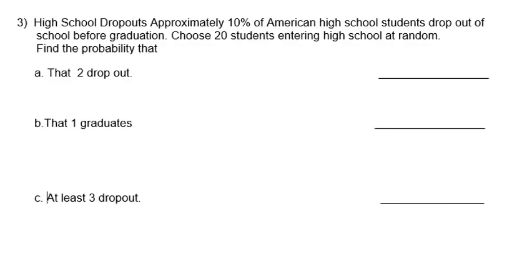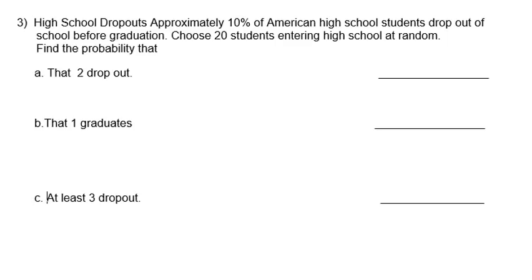Okay, read this particular problem. High school dropouts, approximately 10% of American high school students drop out of school before graduation. We choose 20 students entering high school at random. Find the probability that 2 drop out.